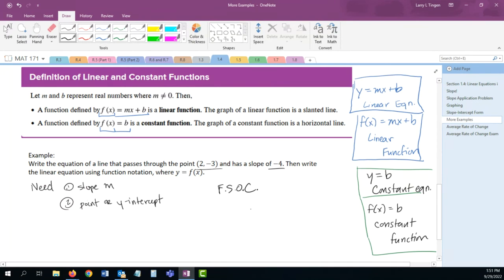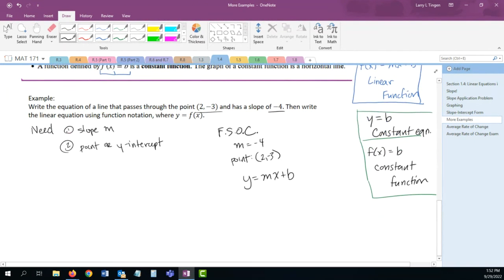And this says, for sake of contradiction, which means I'm about to do something wrong on purpose. The slope is negative 4, and the point is 2, negative 3. If I'm asked to write this as a linear equation or a linear function, all I gotta do is just plug in everything I know. Well, y is equal to the slope, which is negative 4, plus b, which is minus 3.